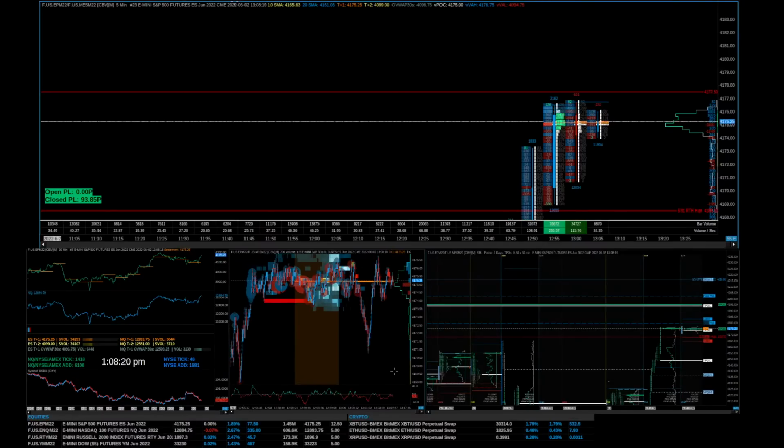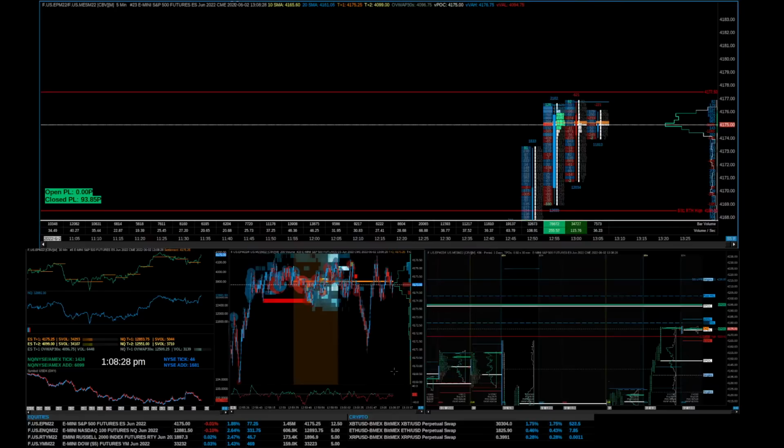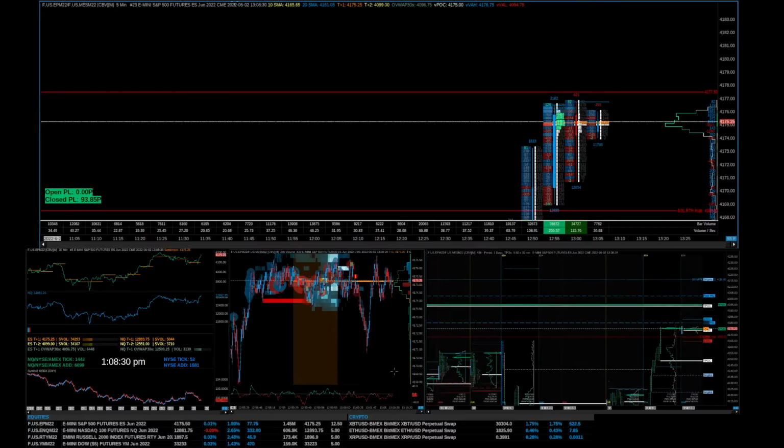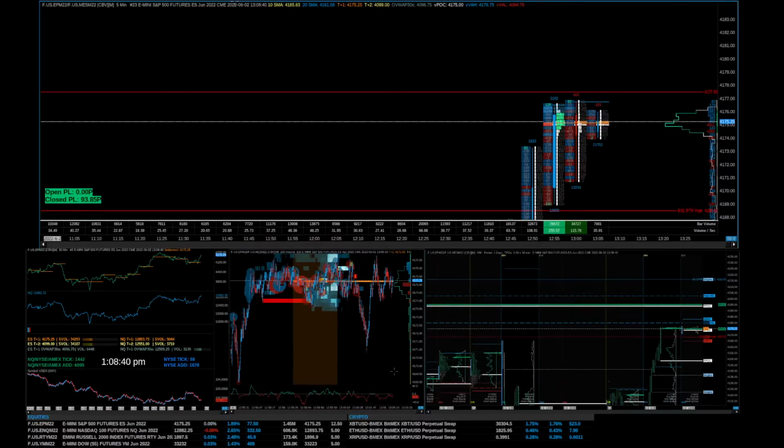I got access to all kinds of stuff, guys. I don't use anything but my own simple footprint charts that I created out of standard Sierra Chart studies. There's nothing custom about any chart you see here.